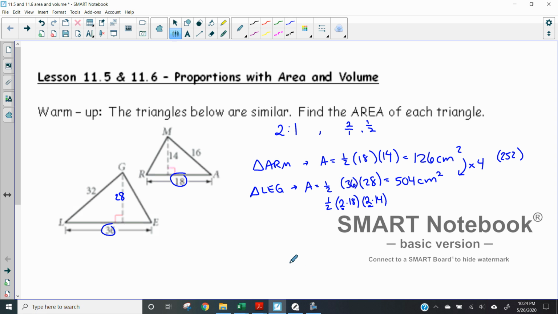So unfortunately, doubling something, the side lengths, makes this a little bit tricky to work with, but the 4 actually comes from 2 squared. All right, if we would have made the triangles 3 times bigger and the scale factor was 3 to 1, the areas would be 3 squared, or 9 times bigger. Okay, so it comes from, and we'll go through an example and see exactly how this plays out.